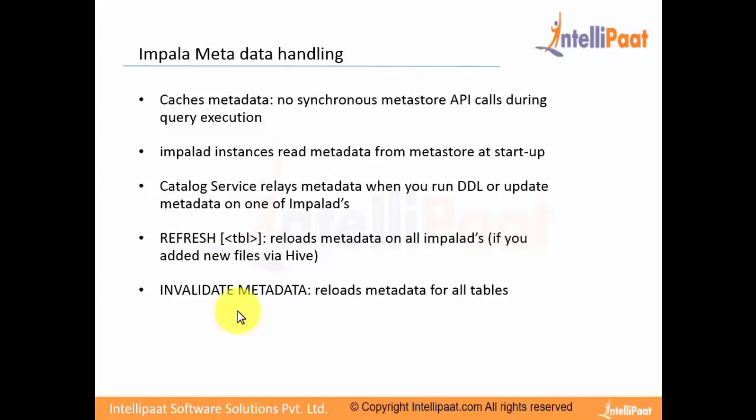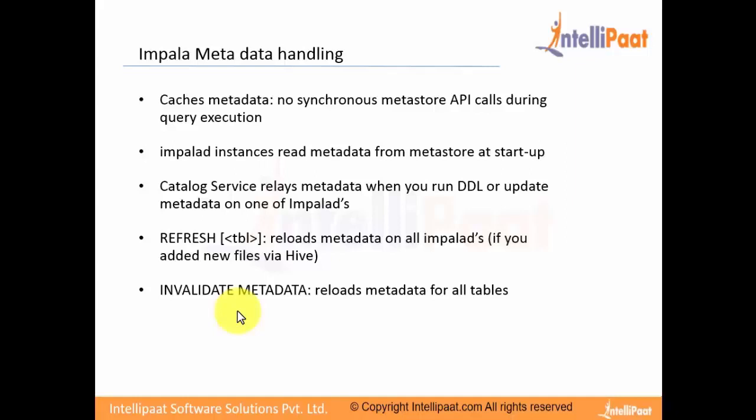Impala, as discussed earlier, caches the metadata. So there are no synchronous metastore API calls during the query execution. For example, if Hive is storing the metadata on MySQL, Impala will not go to the MySQL instance which has the metadata each and every time a query is executed.